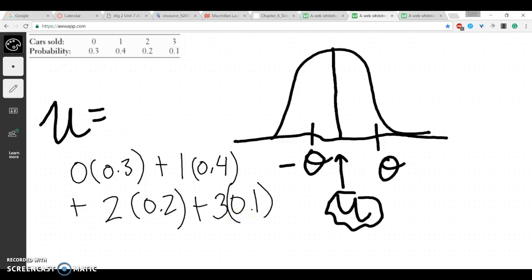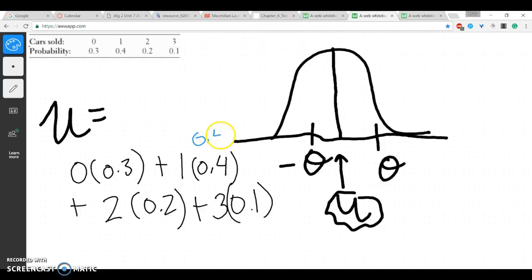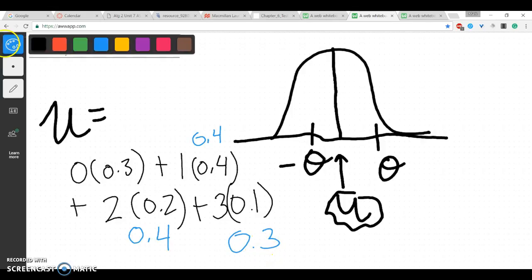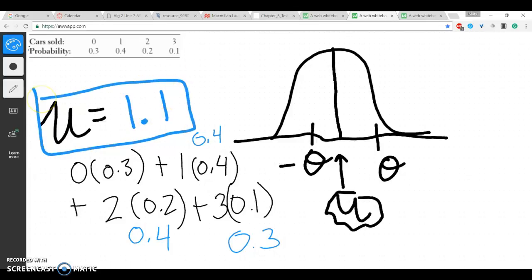Once we add that all up, whatever we get out is going to be our mean. If we do this, we should get 0.4 plus 0.4 plus 0.3, or we will get a value of 1.1. And that's how you find your means.